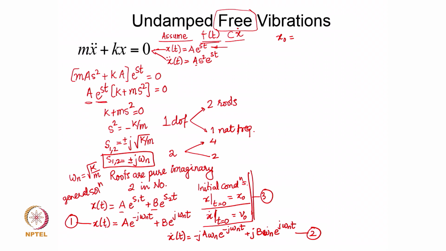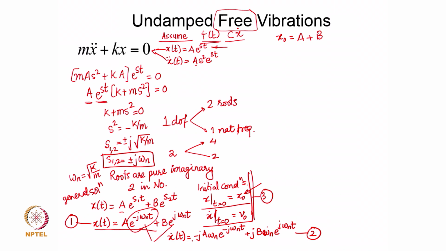Then I have a, and what would be e to the power minus j omega n t? E to the power 0, that is 1. So, a plus b. When you substitute t equal to 0 into the exponential term, we get 1, and therefore both terms will be 1, and therefore x naught is equal to a plus b simply.